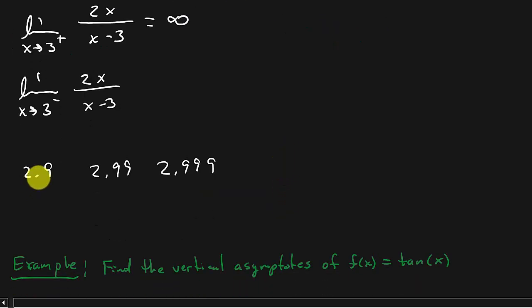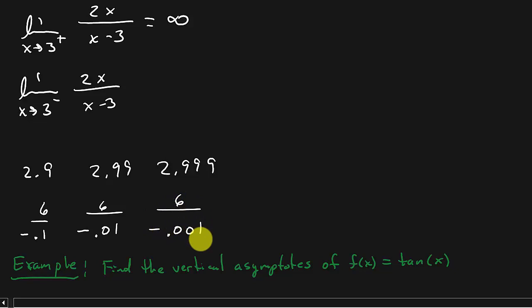So hopefully you can see once again, when we're plugging this into the numerator, we're going to pretty much get 6 in the numerator. But when I plug this 2.9 into the denominator, I get negative 0.1. For this, I would get negative 0.01, and this one, negative 0.001.